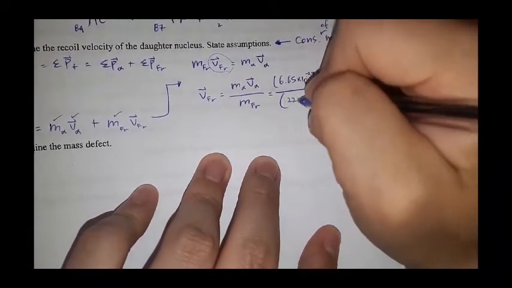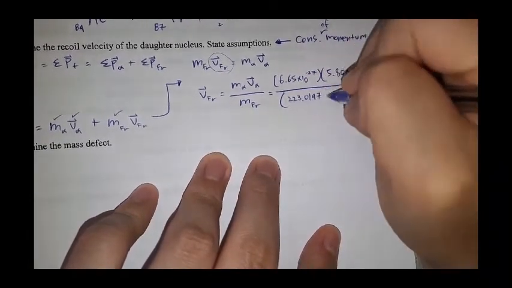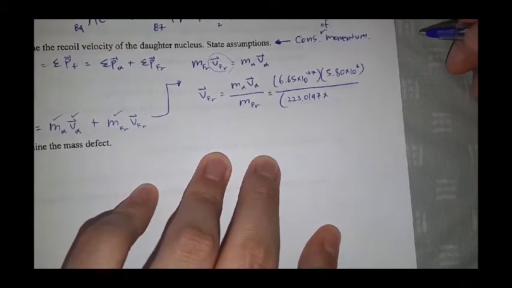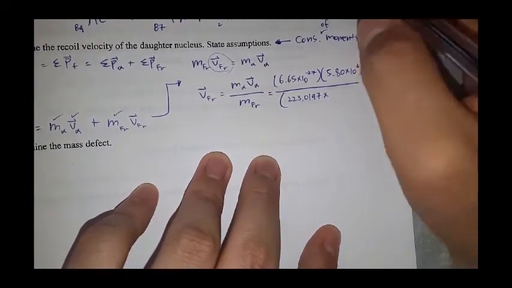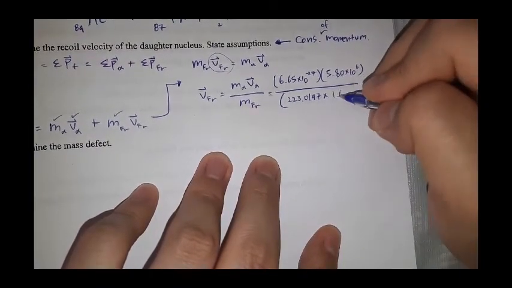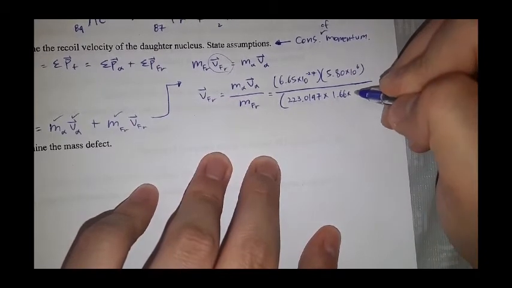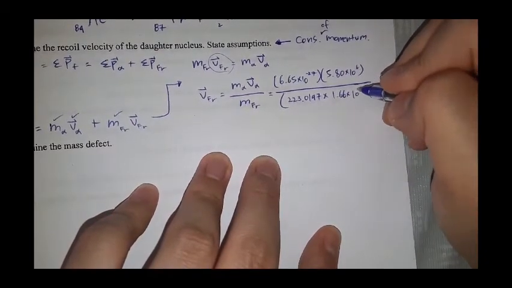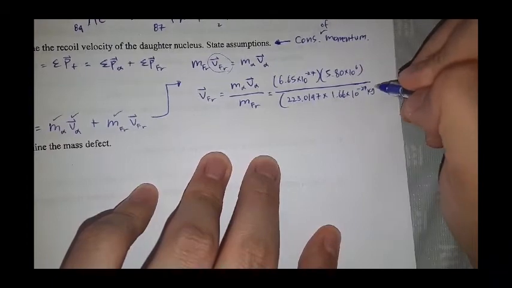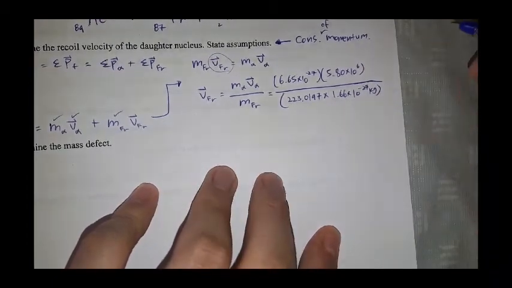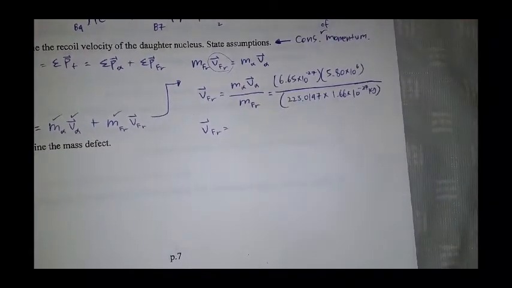You need to use the real mass. It says 223.0197 u, which means you need to multiply with your conversion. 1 u is the equivalent of a proton mass, almost. There's a table that you can find. And now we can punch the numbers in.